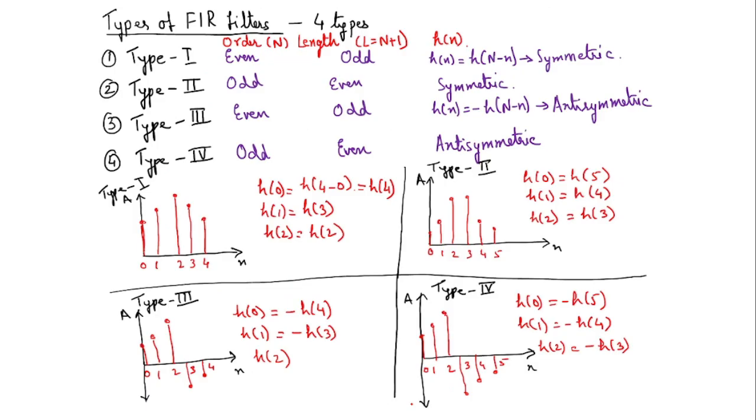In a type 1 filter, the length of the filter is odd, and the h(n) values are symmetric around the median value.